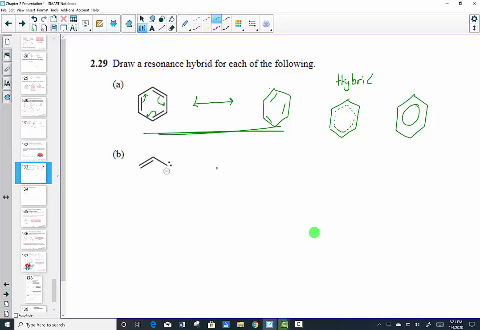And the hybrid structure for the carbanion would show an equal distance from carbon 2 to carbon 3, as well as carbon 2 to 1. So again, you're just using a dashed line to represent equal distribution.